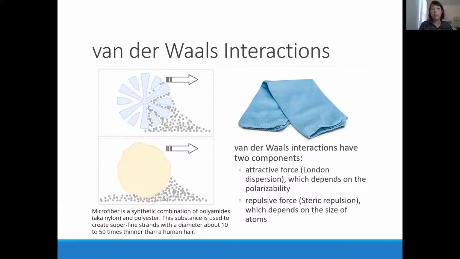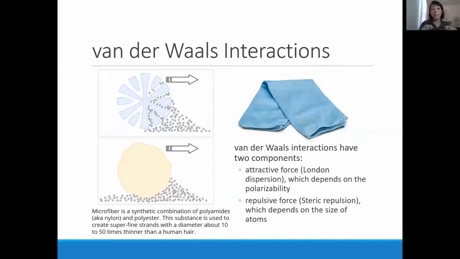You can see on the left a picture of a microfiber cloth fiber, which is just a combination of different polymers, but they are made into super fine strands with very, very small diameters, about 50 times thinner than a human hair.